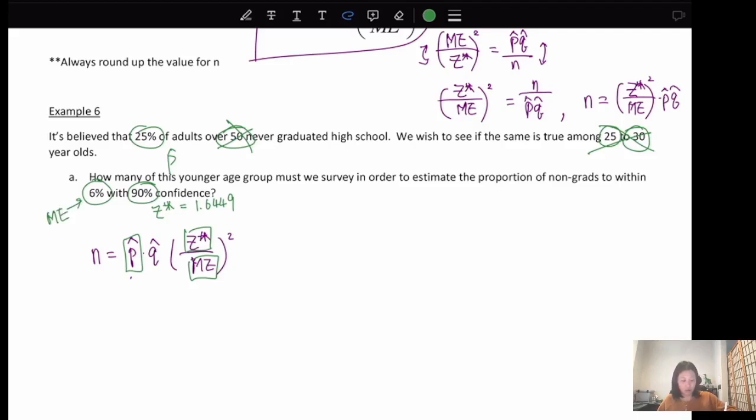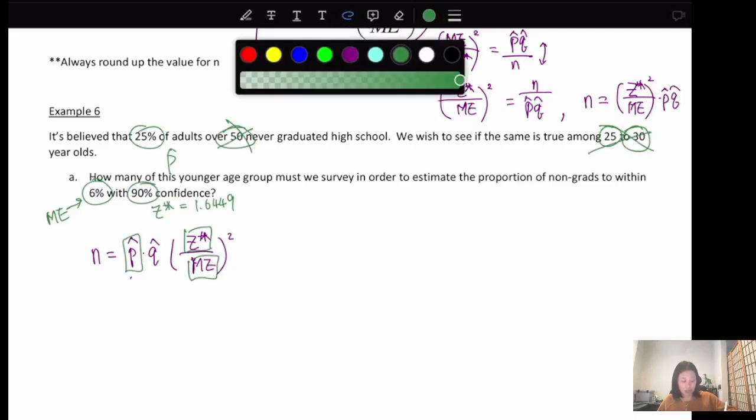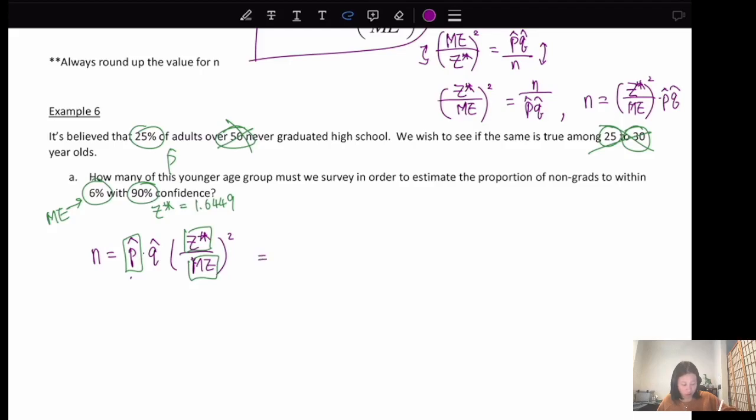Now we substitute these numbers into our equation. I have 0.25 for the p hat, so q hat is 0.75, times 1.6449 divided by 6%, squared.